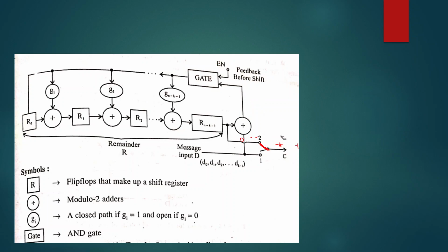Let us consider an example and then try to understand in depth. So we will be considering a 7,4 cyclic code first. For a beginner, we will start off with a simple scenario where it is a 7,4 encoder.